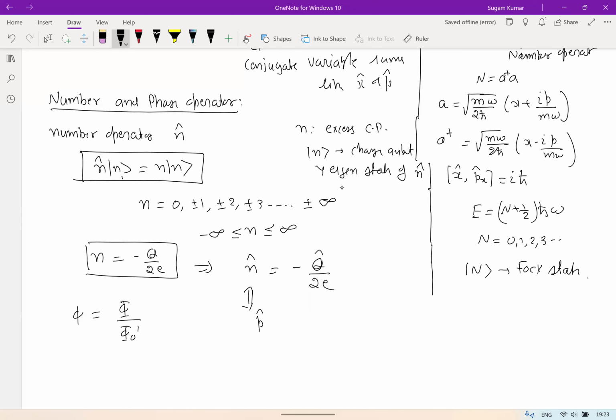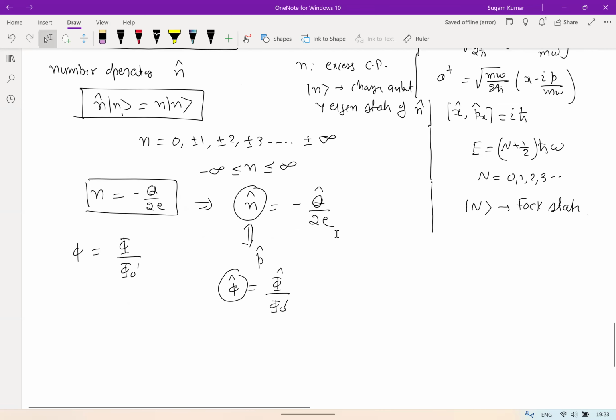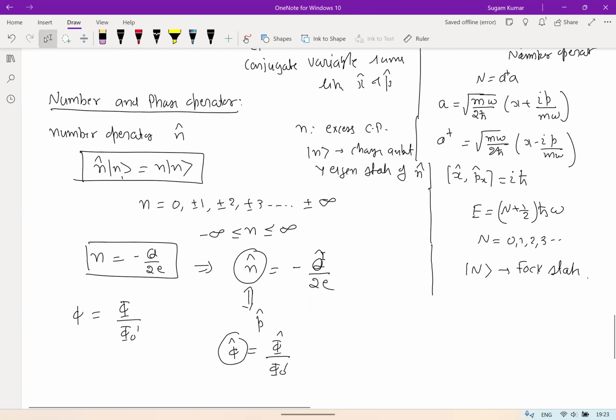So correspondingly, I can define a phi operator, which is going to be capital phi upon phi naught. So you have a number operator, you have a phase operator. We will try to write down this whole Hamiltonian in the number operator and phase operator form, instead of charge and flux.